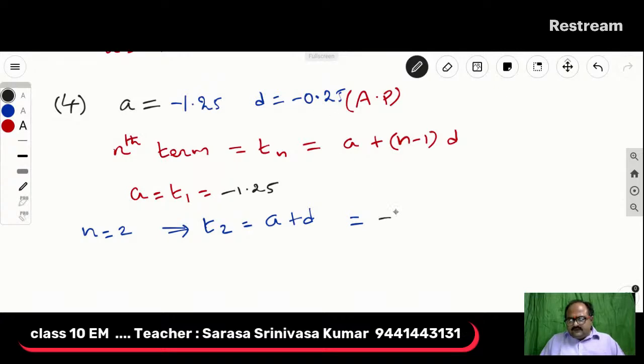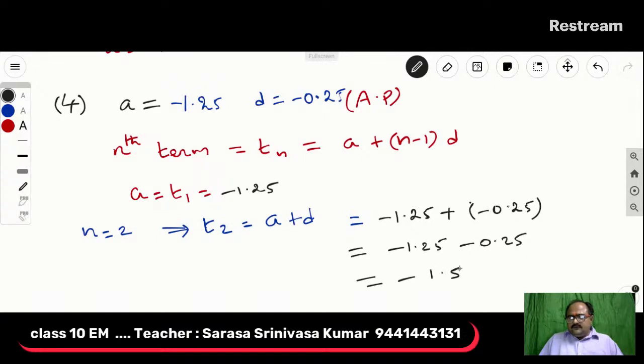So we write this, minus 1.25 plus minus 0.25, which is equal to minus 1.25 minus 0.25, that is minus 1.50.